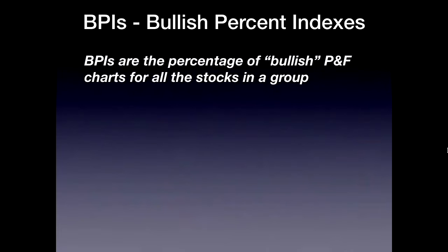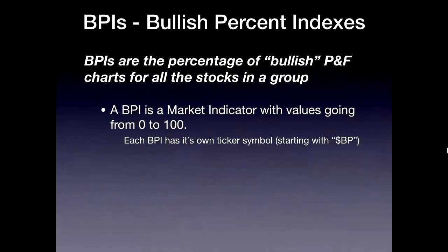A BPI is the percentage of stocks within a group, in this case within a sector, that have bullish point and figure charts. I showed point and figure charts a long time ago, the X's and the O's. Computers can very easily determine if a P&F chart is bullish or bearish. So they can look at all of the P&F charts in a group and quickly come up with the percentage of those charts that are bullish or bearish. And the bullish percent is what is in the BPI.